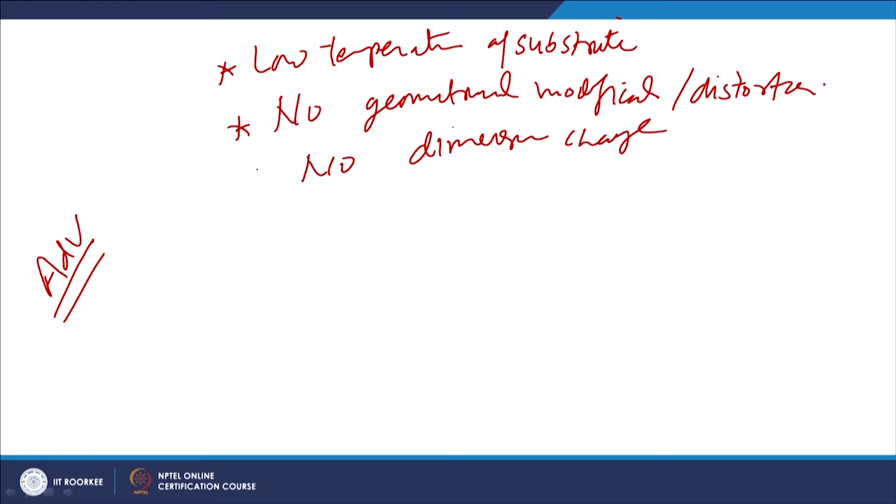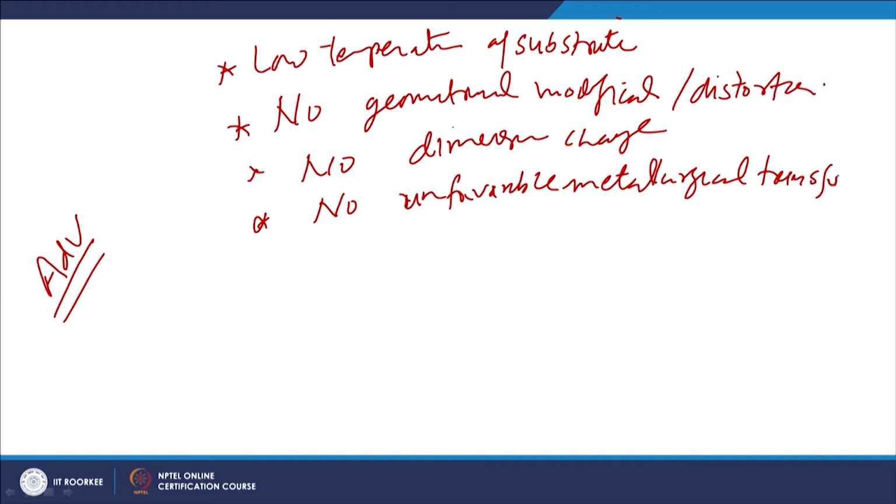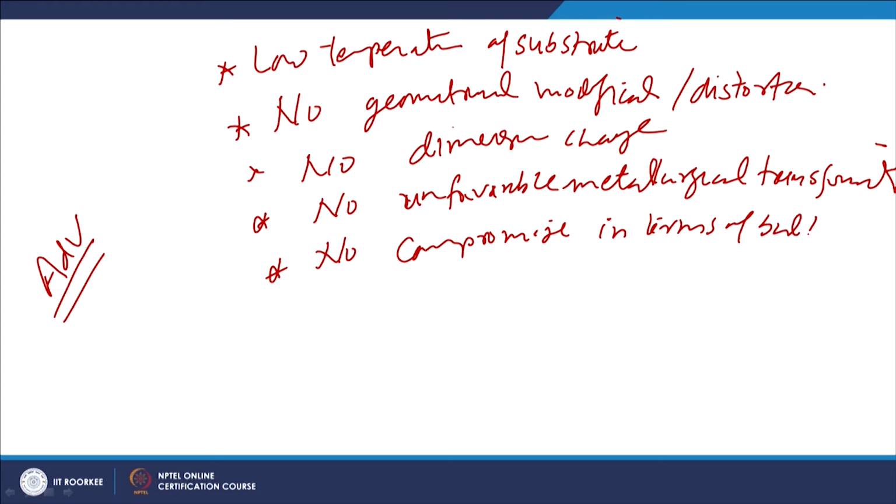So, there is no dimensional change, and due to the limited temperature rise, there is no unfavorable metallurgical transformation and therefore no compromise in terms of the bulk material properties of the substrate or of the component.